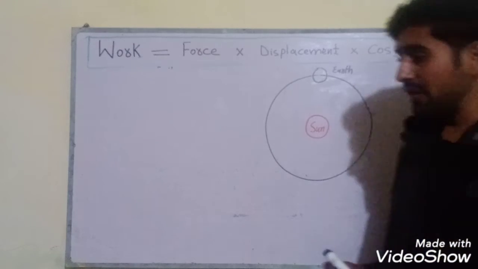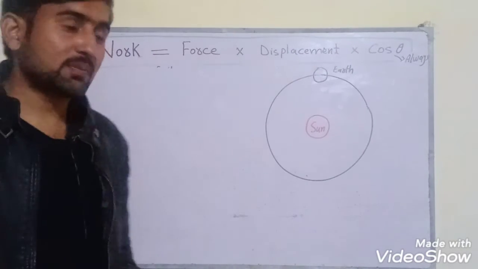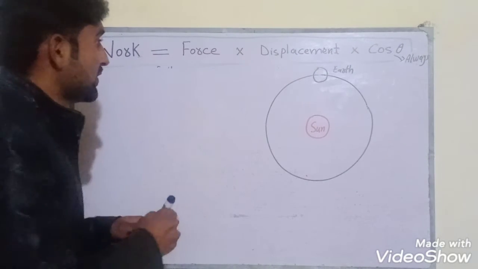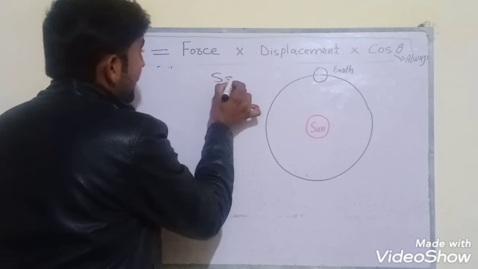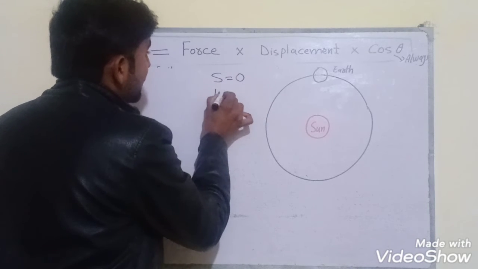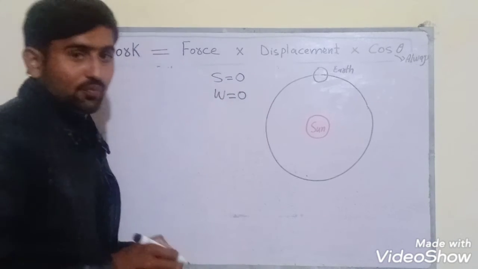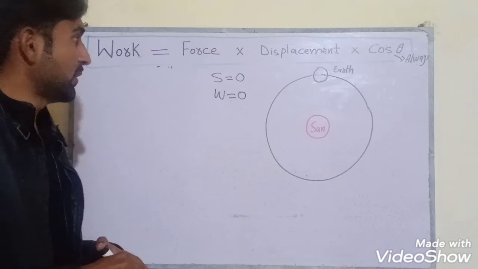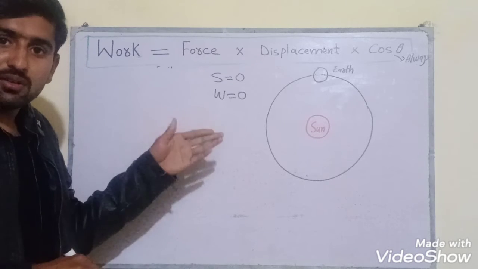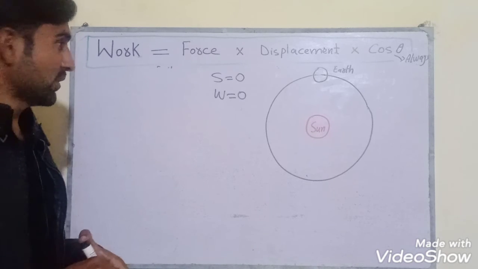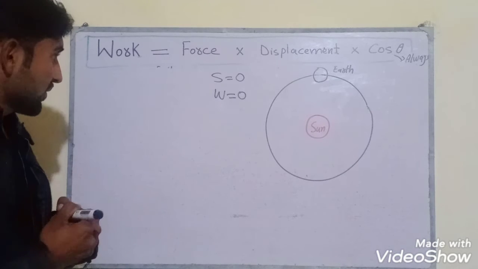We discussed earlier, in a round trip displacement is equal to 0, and hence we said work done is equal to 0 in a round trip. This is partially correct or partially wrong. Why is it wrong? We discuss.